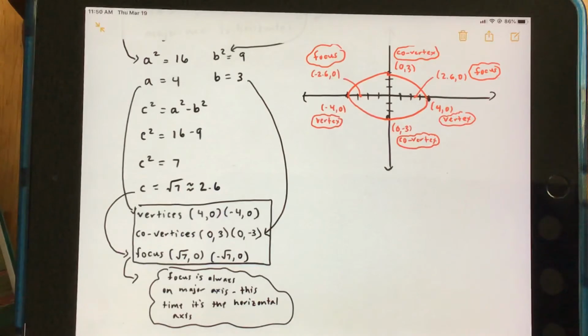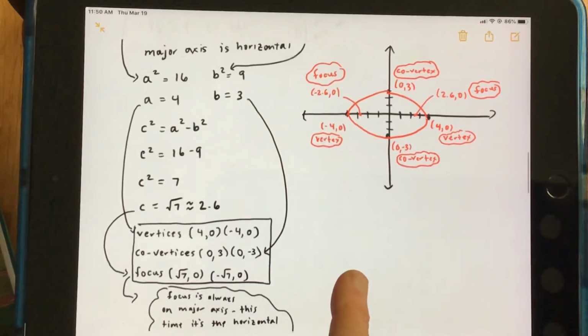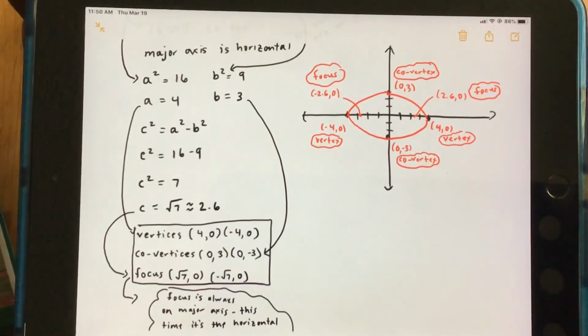The focus is always on the major axis. This time it's the horizontal axis. Then I plot all those points. Now after I plotted those points and drew my ellipse, I did use thinking bubbles to identify which one was the focus, which was the vertex, which was the covertex. You don't have to write those down, but it might be helpful so you can get this all sorted out since this is a new process for you.